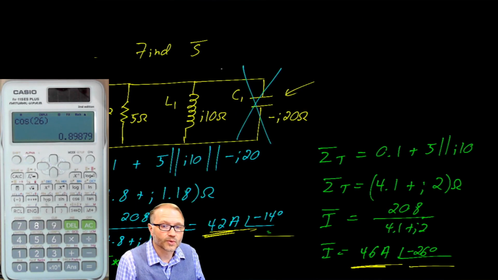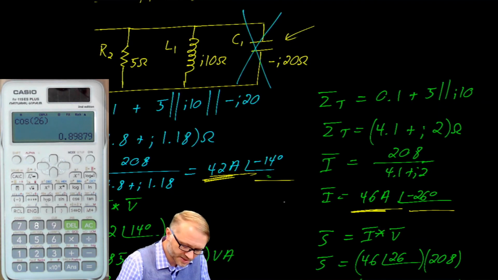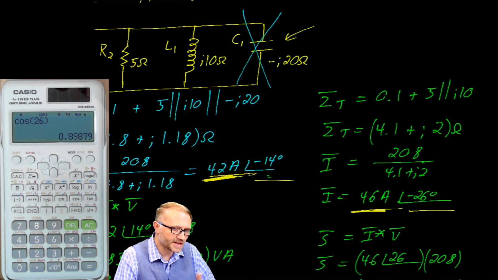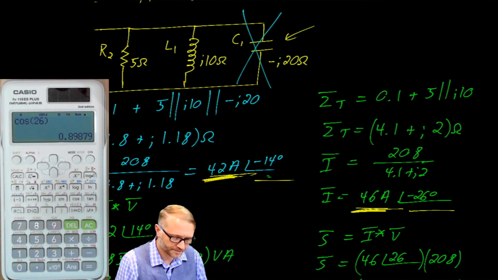So again, we went to the circuit, we ran the calculations on the left with the capacitor installed. We removed the capacitor and we ran the equations again on the right side of the screen. It's very interesting that the original current of 42 actually increases when you remove the capacitor from the circuit. So the current increases.